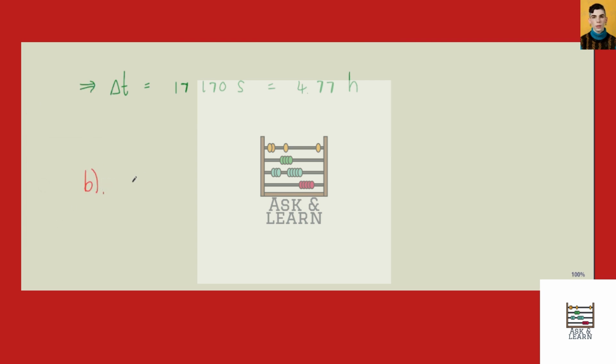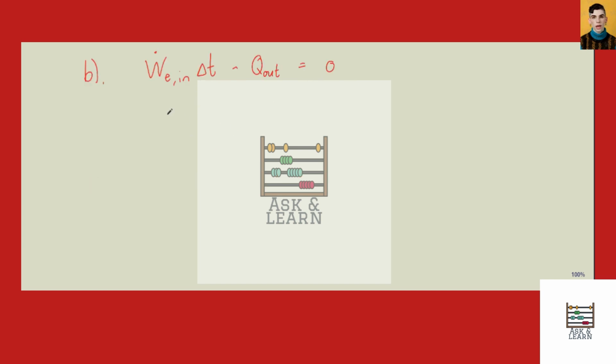Now, for part B, if the house incorporated no solar heating, then we can rewrite the energy balance equation as the rate at which the electrical energy does work times delta T minus the heat transfer out of the building must equal 0.